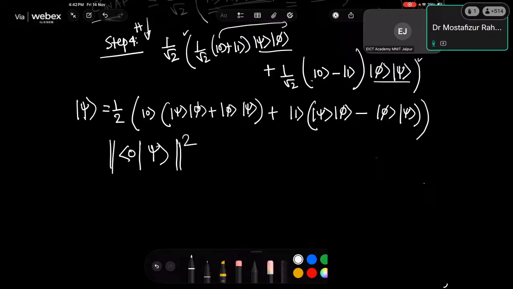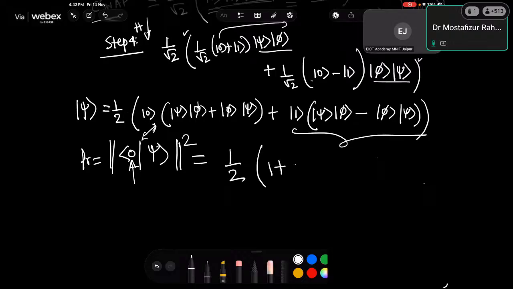This is the probability of getting the quantum state psi in the computational basis 0. This part will become 0, because computational basis 0 times 1 is 0, and 0 times 0 will be 1.